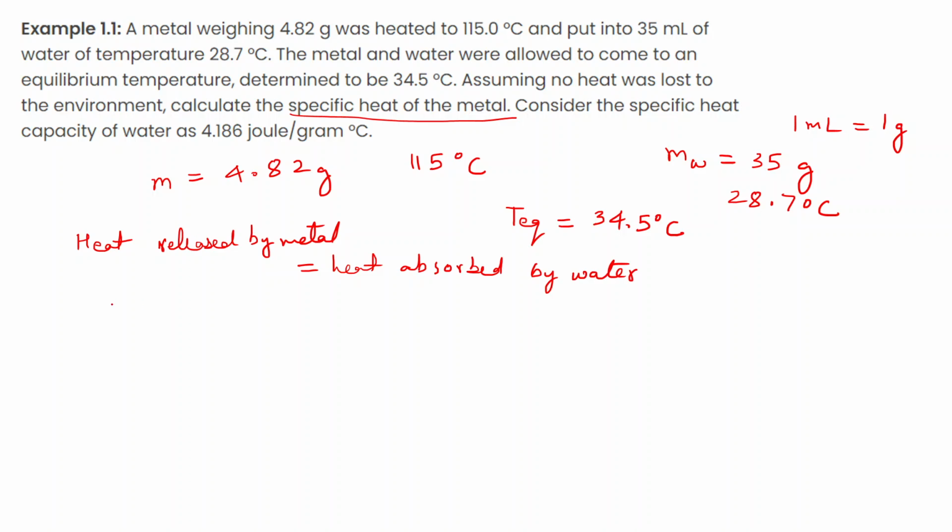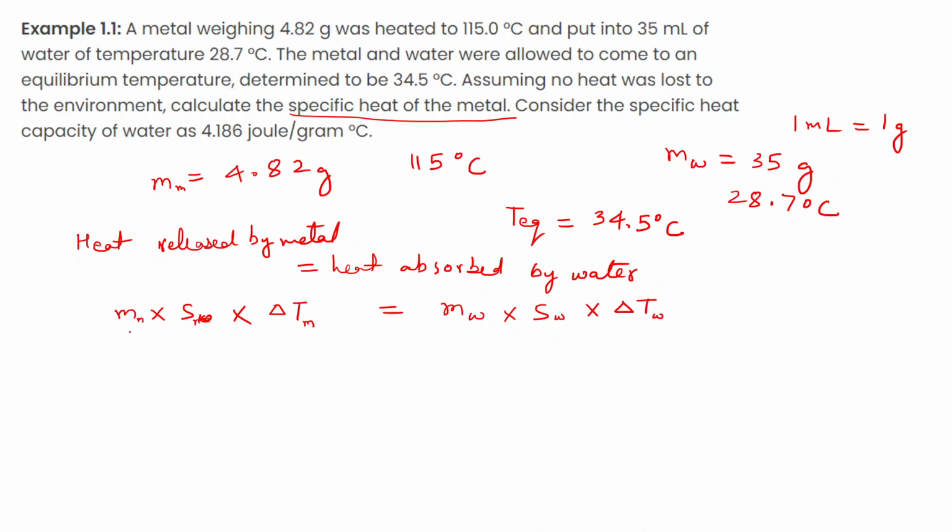Heat released by metal means its mass times its specific heat capacity times the temperature difference will be equal to the mass of water times specific heat of water and the temperature difference for water. Here this is the mass of metal, specific heat of metal, and here specific heat of water.